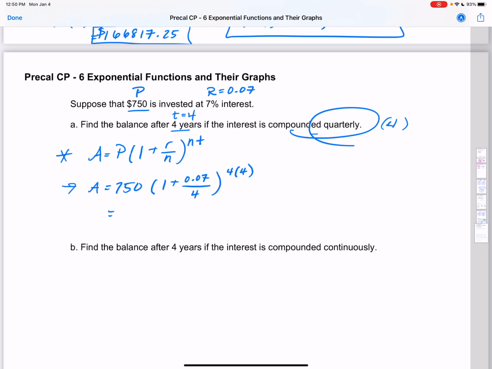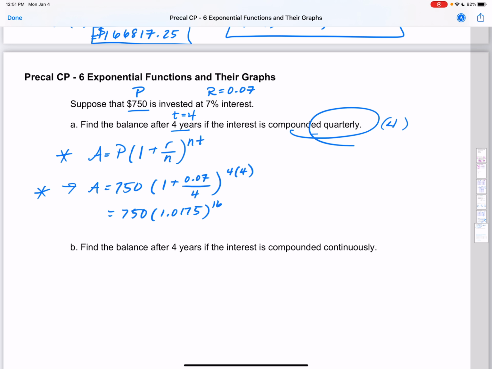What's the first thing I'm going to solve here? You're going to do 0.07 divided by 4, and you get 0.0175. So you have 750 times 1.0175 to the 16th power.